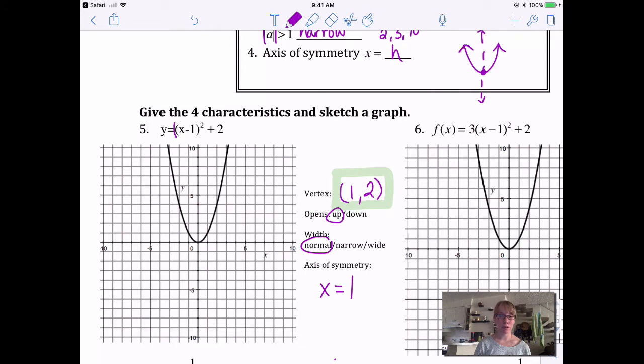The vertex is going to be a really good anchor point for us when we're graphing. So I'm going to have my vertex at 1, 2. So I go x is 1, y is 2. And then I'm just going to graph a parabola that opens up and is relatively normal. I'm not too worried about you hitting specific grid points. I just want you to have a parabola that has about the same width as the original parabola on the page.